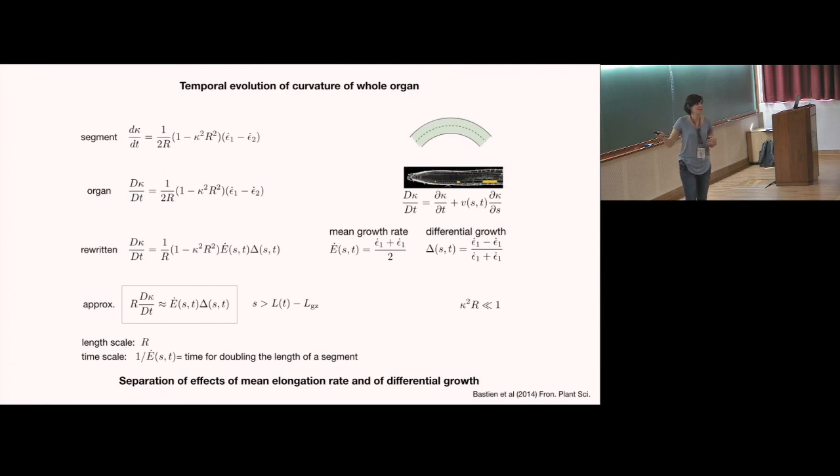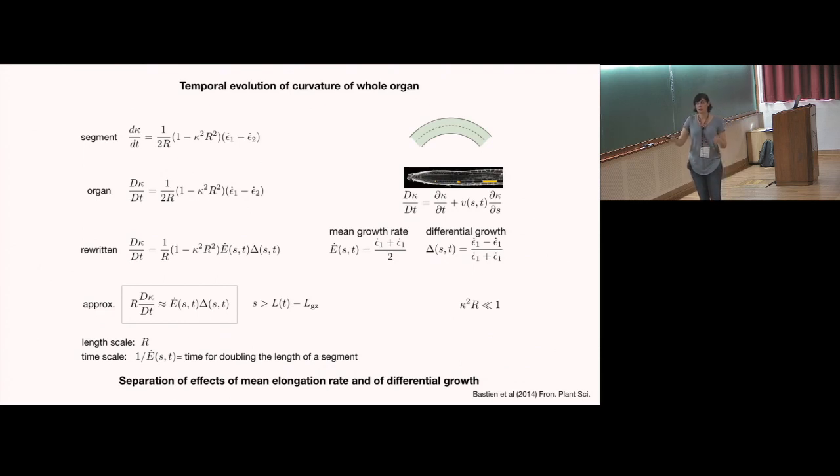Now, if I use these definitions, I can rewrite this equation in this form. And now I have basically the same equation, but in terms of something I can understand in terms of the role that they have in this movement. So it's a function of the average growth rate and the differential growth rate.